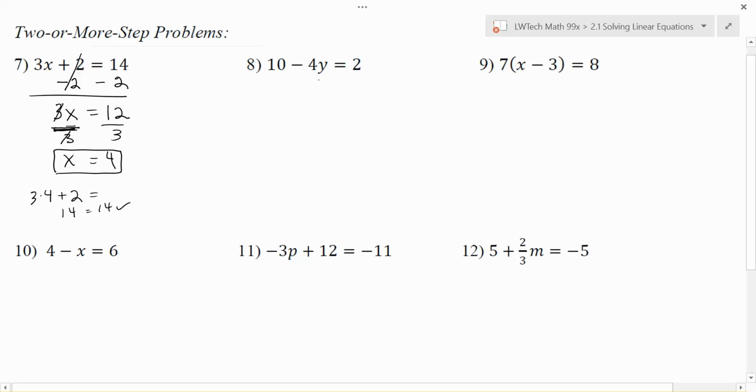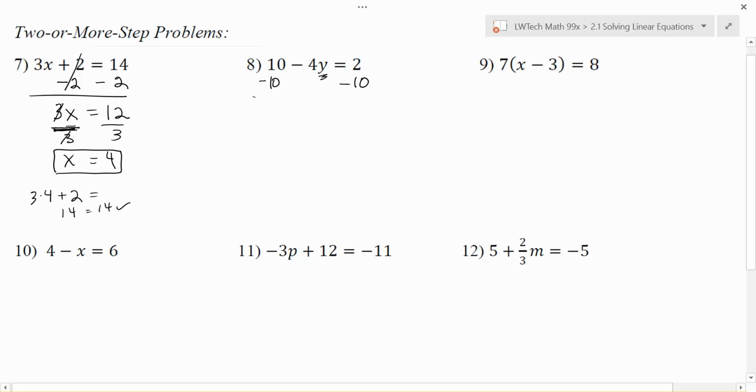All right, so let's take a look at number 8 here. This time I want to get y by itself. There's a 10 and a minus 4 on the same side of the equation, so those are the things that I need to get rid of. I always want to get rid of anything that was added or subtracted first, and in this case that means I've got to move the 10. Right now it's a positive 10, so I'm going to subtract 10 from each side.